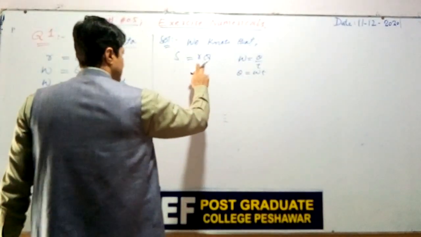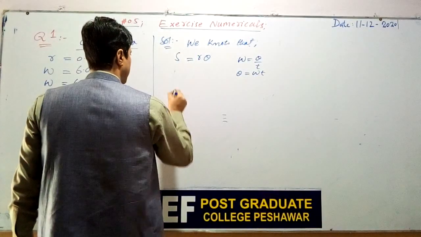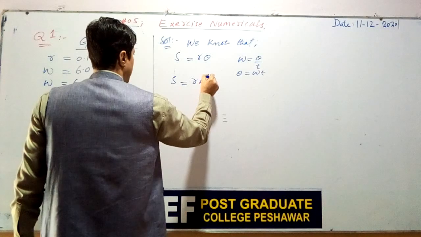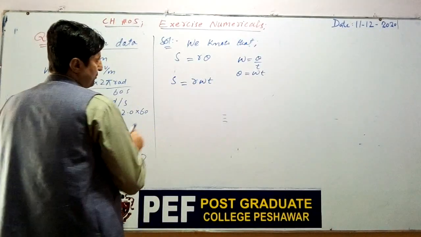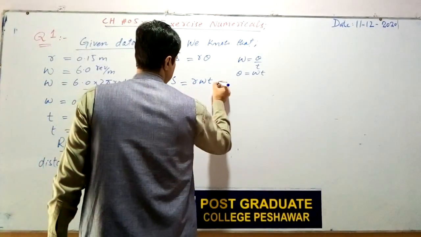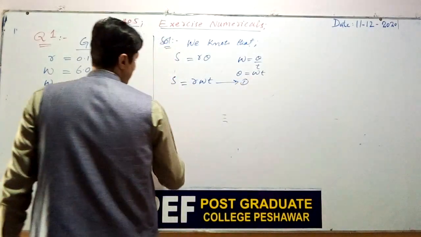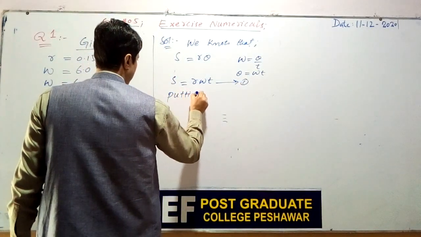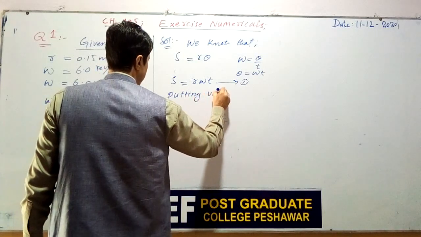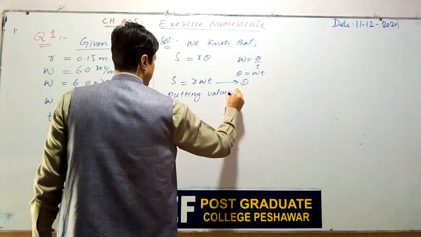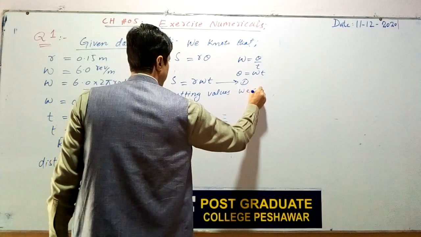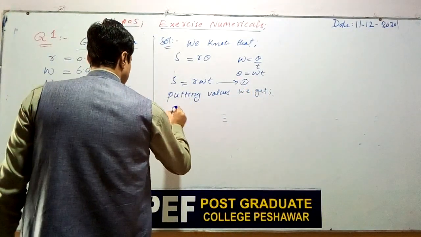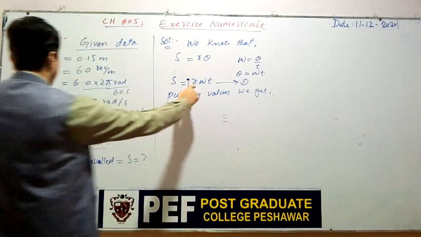So instead of theta we can write omega t, so we get S is equal to r omega t. Say suppose this is equation 1. Putting values here, what is the value of r?